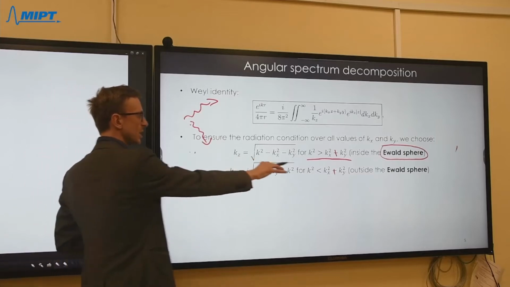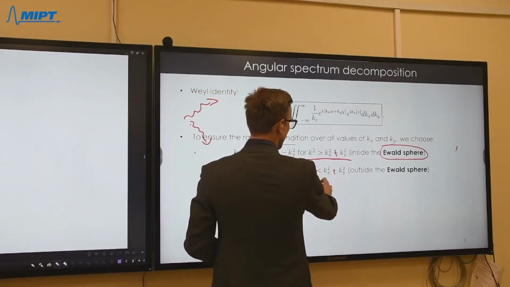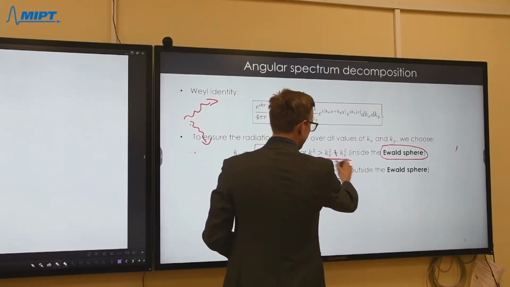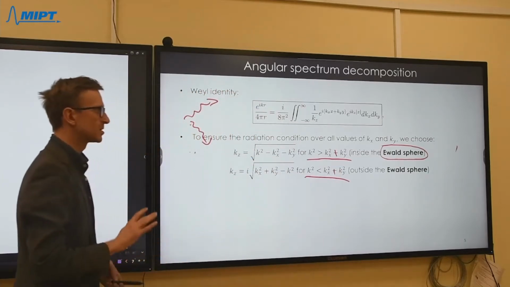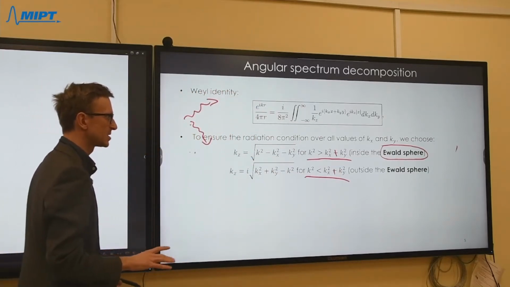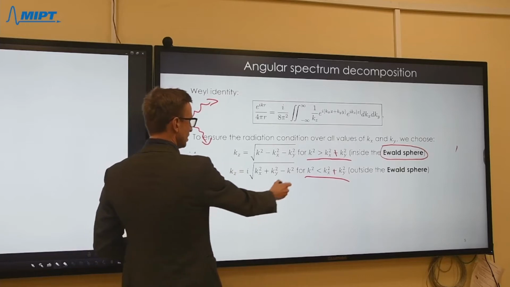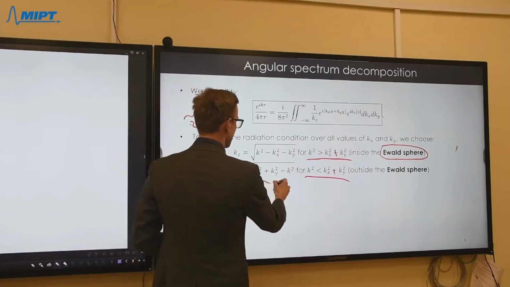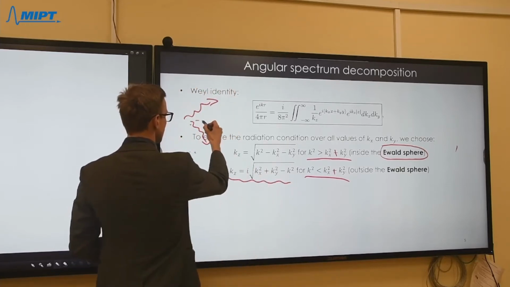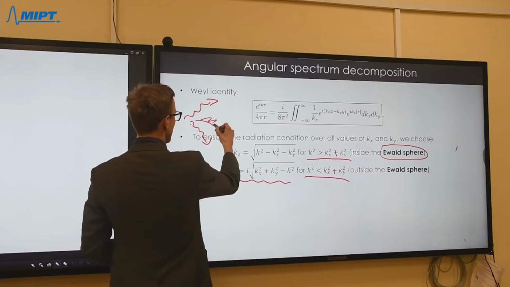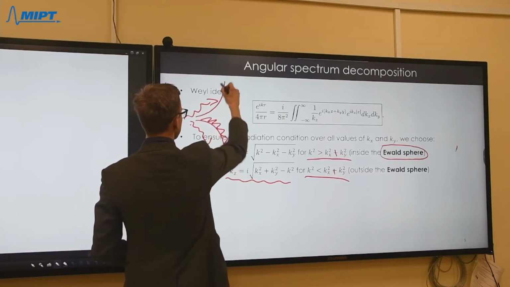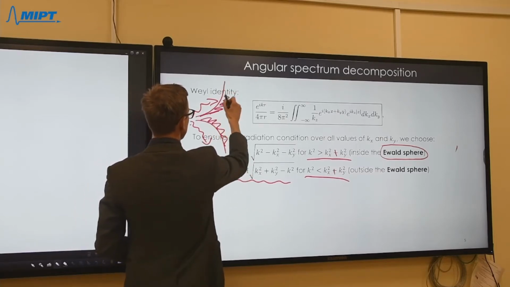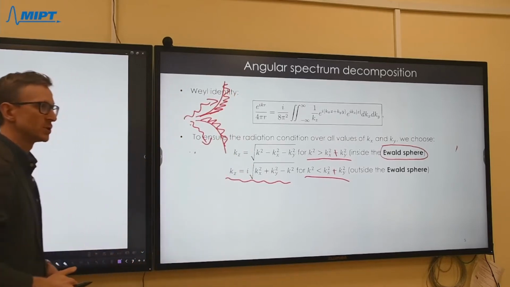But where k squared is smaller than the sum of kx squared and ky squared, this is outside the Ewald sphere, and kz is calculated according to this, which gives us an attenuating evanescent wave, attenuating in both the negative and the positive direction of z.